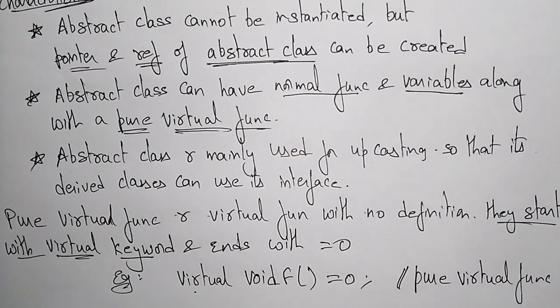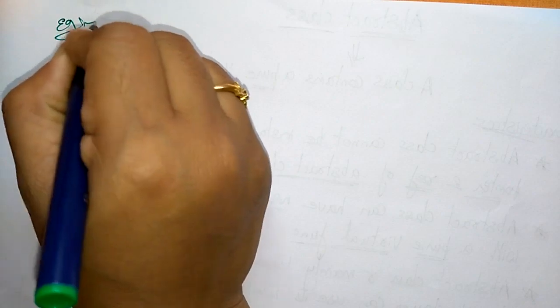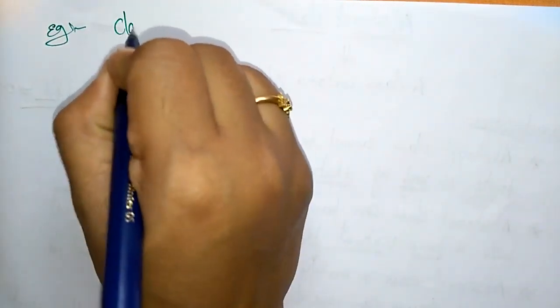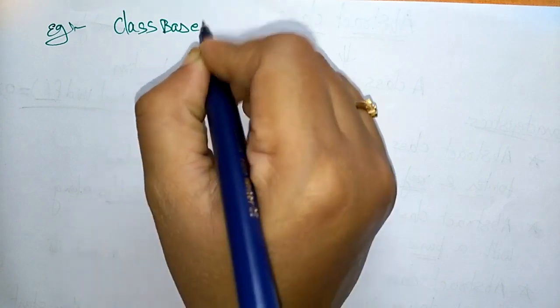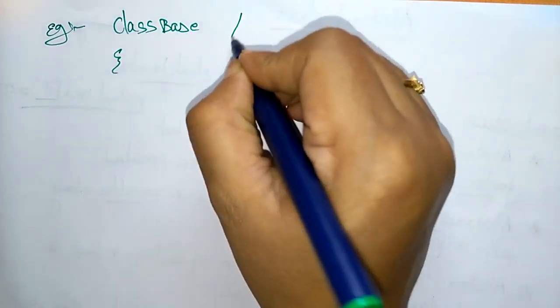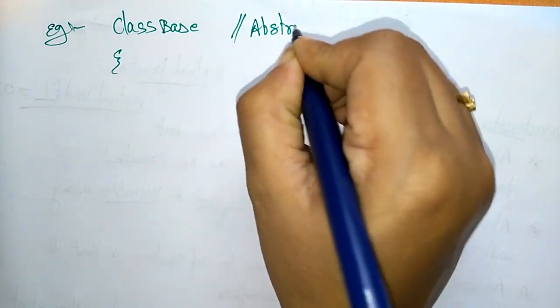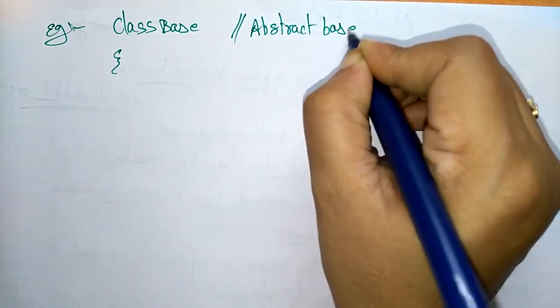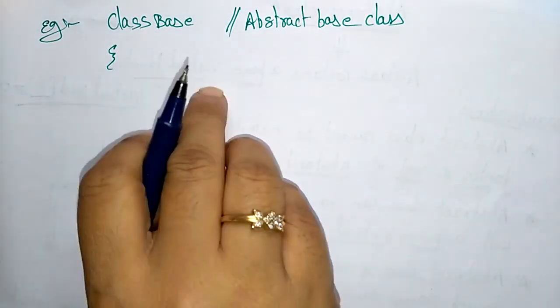Now let us see how we will use this in the program. Let us see the program example. First, class Base. Let us create the base class. Always the base class is the abstract one. You call it an abstract base class. Class Base is the abstract base class.